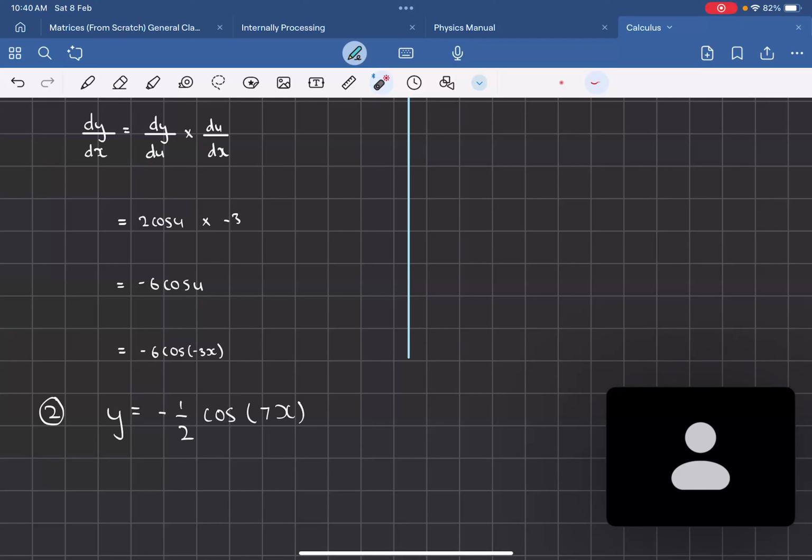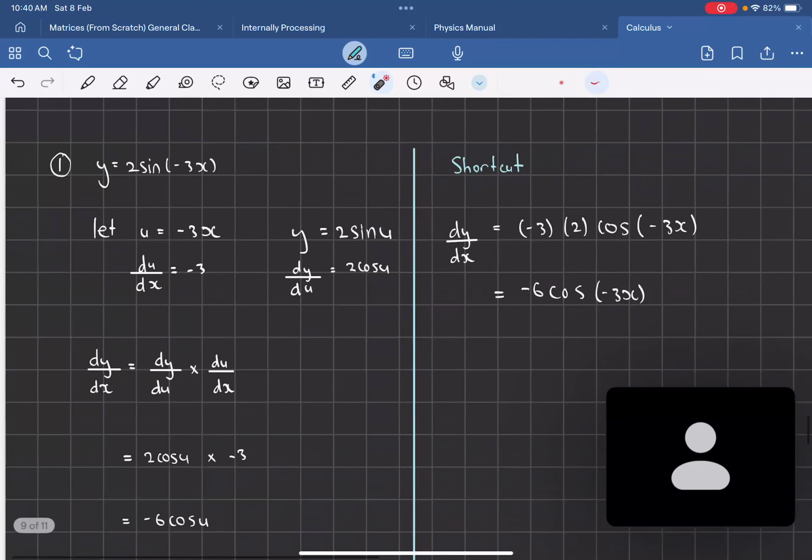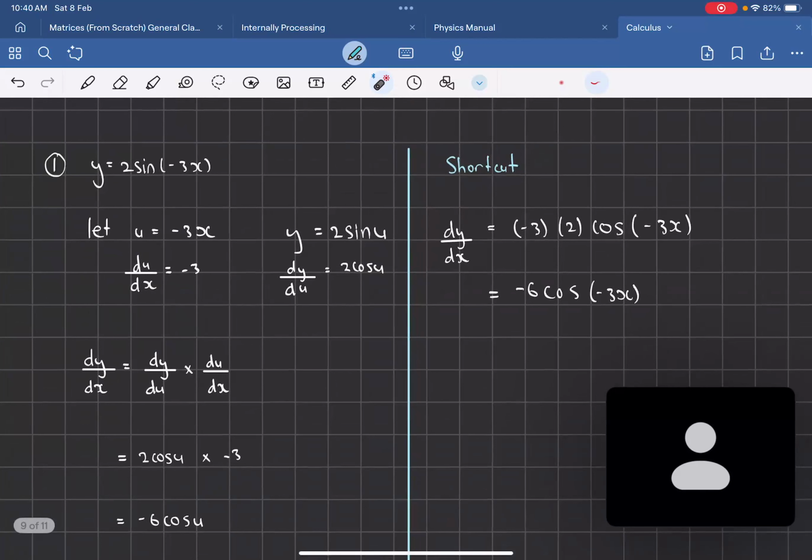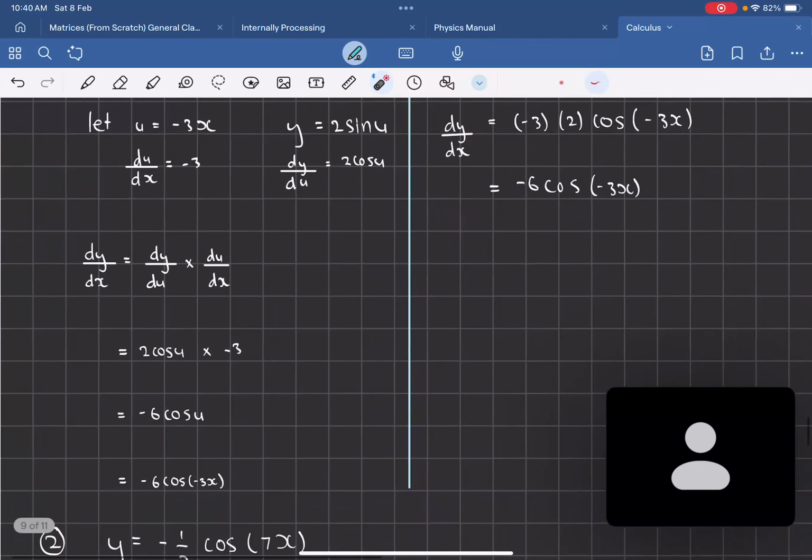y is equal to 2 sin minus 3x. Why? Because you need to understand the thing, right? And the only way you're going to understand it is if I push you out of your comfort zone and you're forced to answer. Otherwise, you're going to be in bed sleeping, eating.